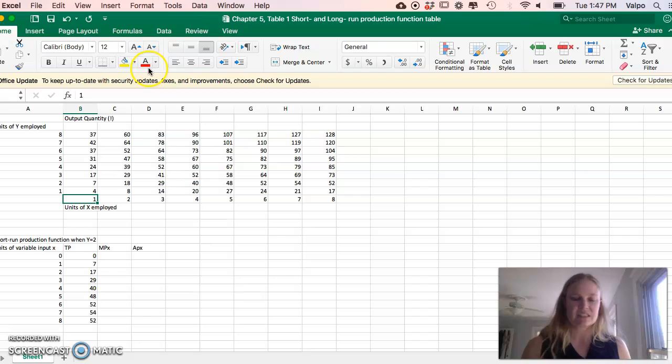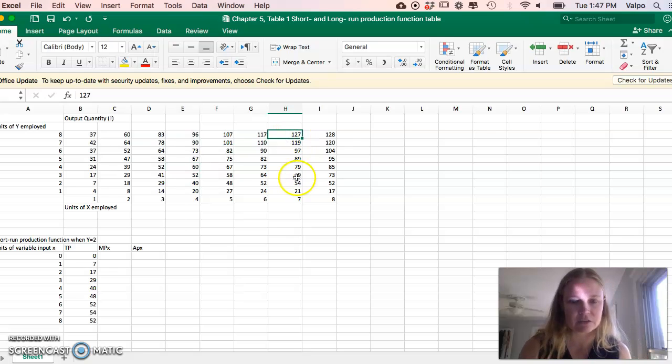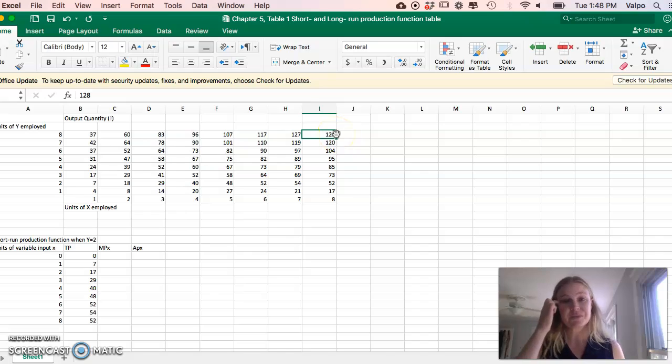So if I was to say this is a long run issue, the entire table is relevant. So I could increase capital to 4, I could increase labor to 4, and then I've got 60. Okay, let's say double all inputs. So I'm going to increase capital to 8, increase labor to 8, and we see that the production increases. That would be an economies of scale or diseconomies of scale question, which we're going to talk about next week.